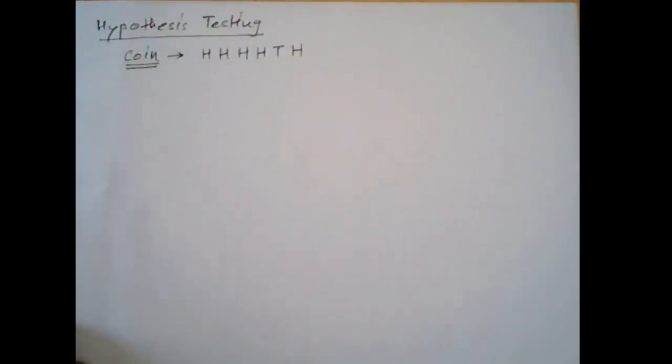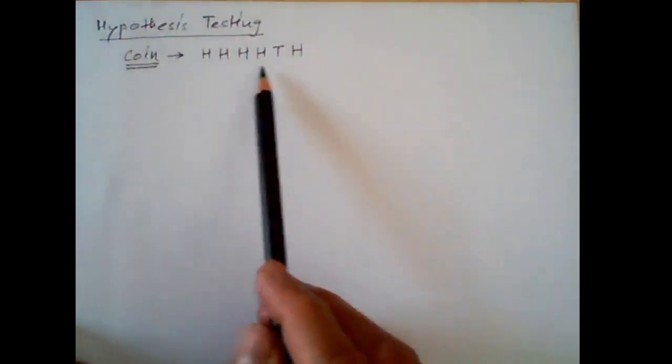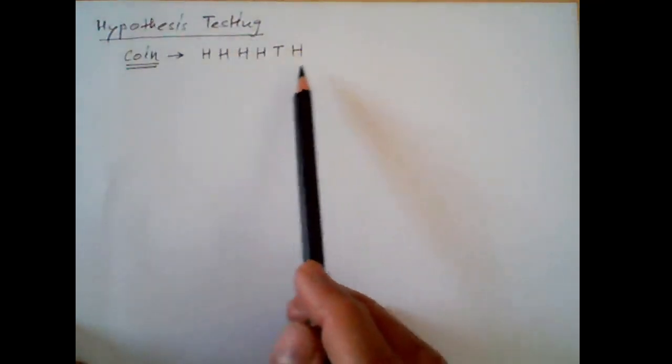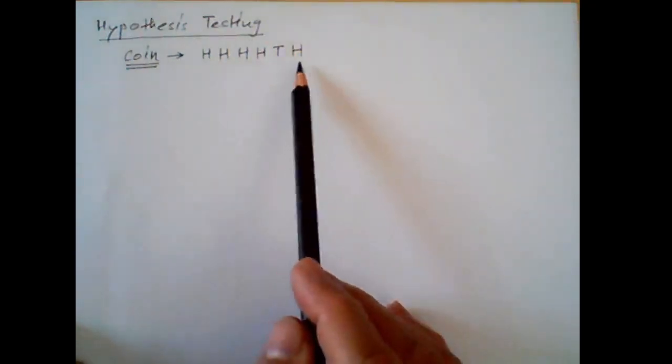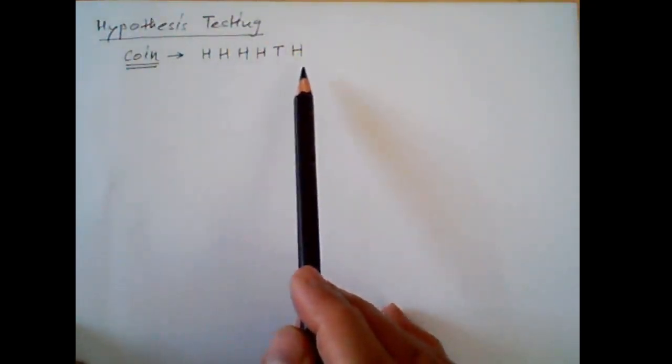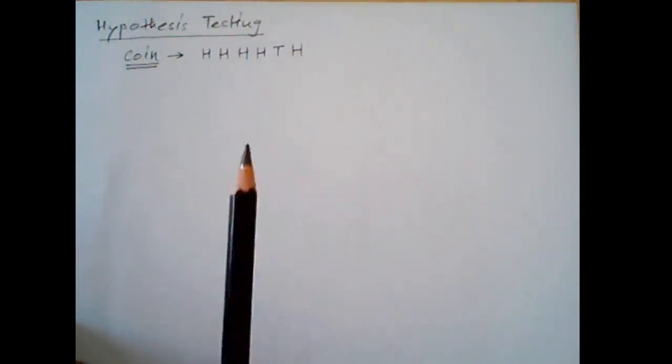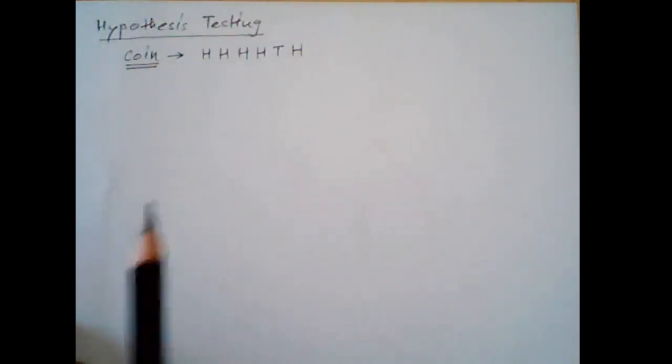On the other hand, if you are looking for some unusual situations, you may say that, hey, look, out of 6 coin tosses, 5 are heads, meaning there is something wrong with this coin. I think this coin is biased towards heads. That is the other belief that you may have.